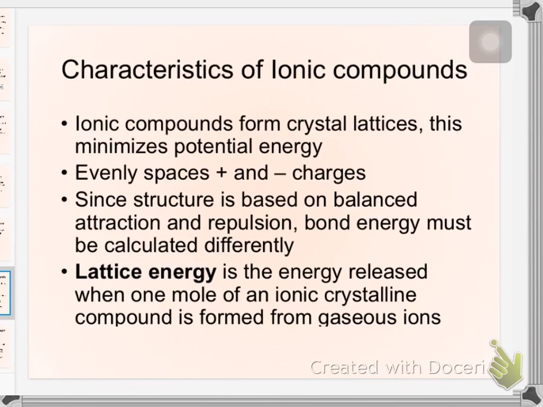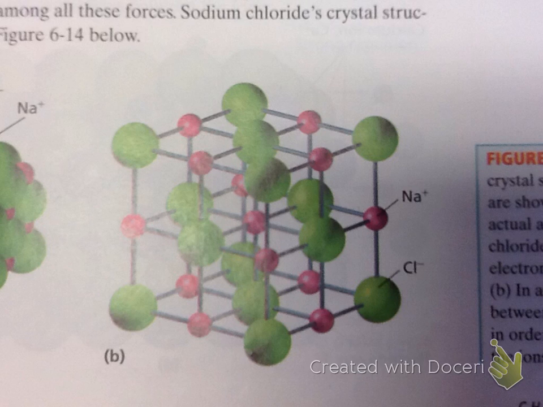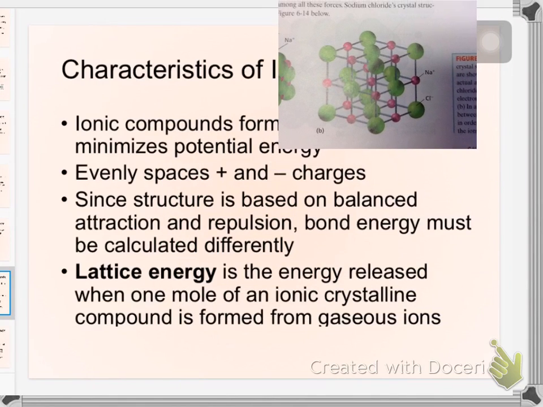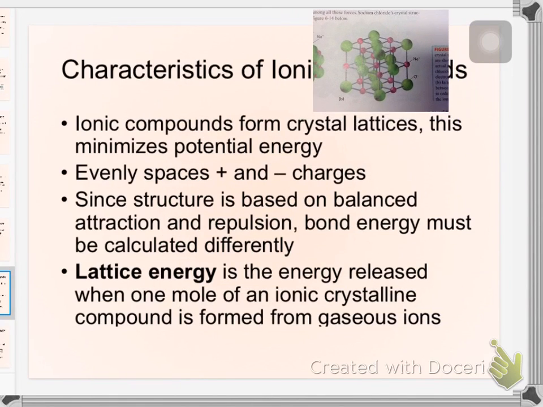I'll take a picture and insert it here. It really looks like a scaffold with little beach balls on it. They form these beautiful lattices. We'll pick it up tomorrow. Lewis structure quiz tomorrow when you walk in.